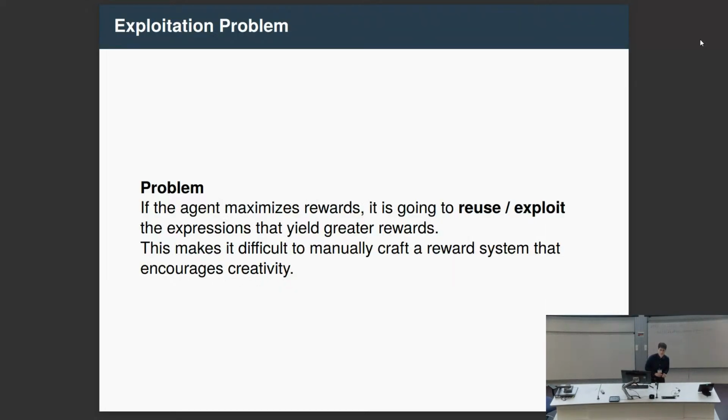This really led us to the core of the problem, which was our reinforcement learning setup, in that the agent is going to maximize the rewards, which were given for whether the expression generated was well typed or not. Then it would try to find an expression that would maximize this reward. And so this is going to make it very difficult to create a reward system that would actually encourage creativity.